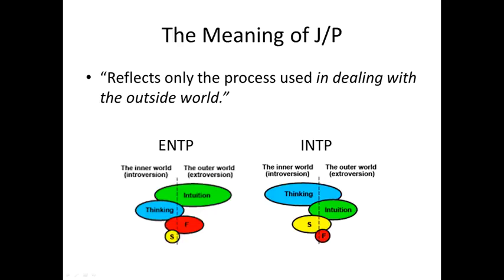Now we have a different example with the INTP and ENTP, just so you can look at that and hopefully figure out where the difference in how those personalities are organized comes from. Like I said, that can be a good way of seeing whether you get why they're stacked that way. Hopefully you do by this point in the video. And if you don't, leave a comment below. I'll try to clarify a bit.